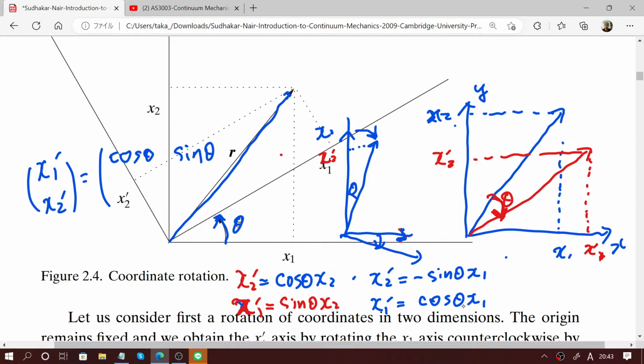Then minus sine theta, cosine theta, times x1, x2.